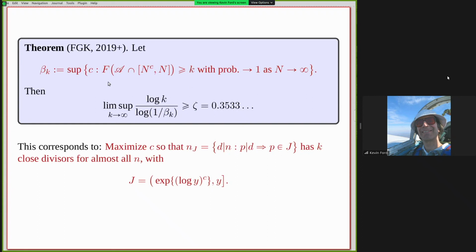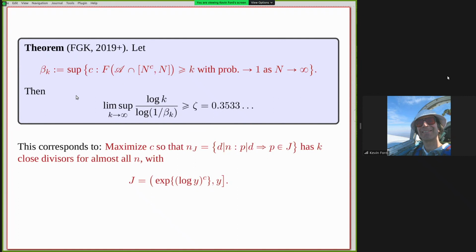So the theorem we show is that this corresponds to a lower bound on beta sub k. So beta sub k grows at least as fast as, let's say, k to the minus 1 over c. That's what's being written here.